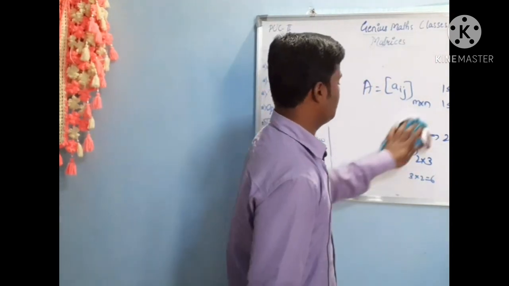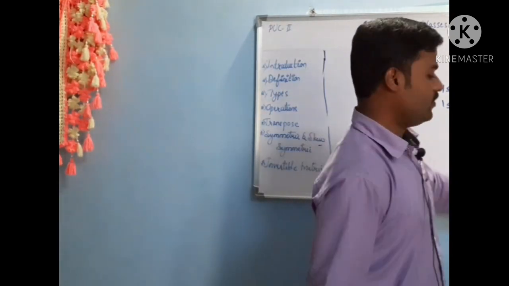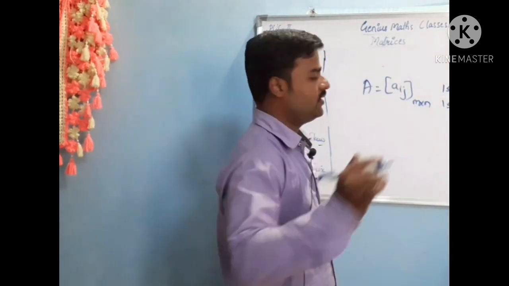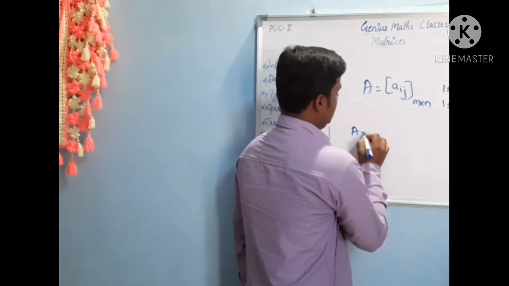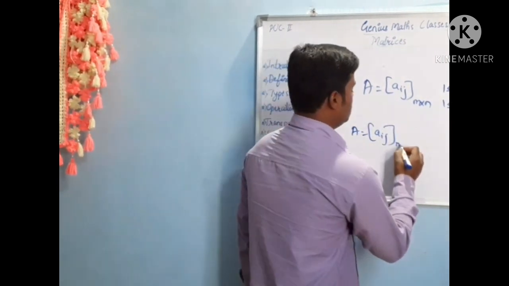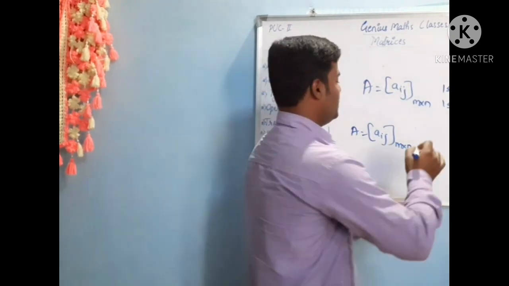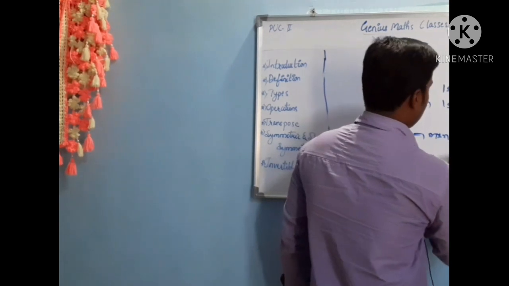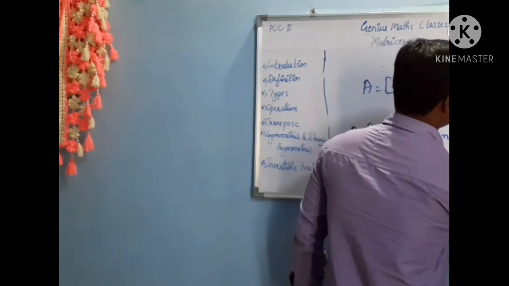The general matrix A, in general, I can write like this: A equal to Aij, which is m cross n. It has m star n, which is equal to mn elements.